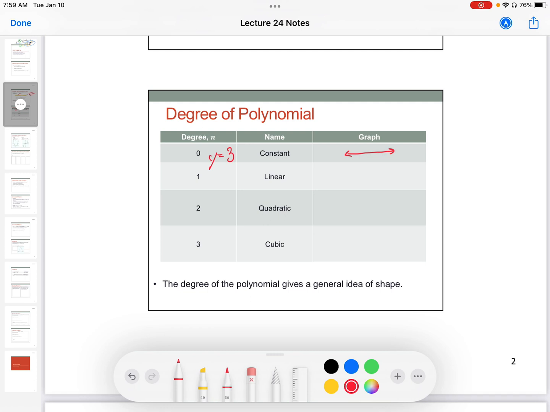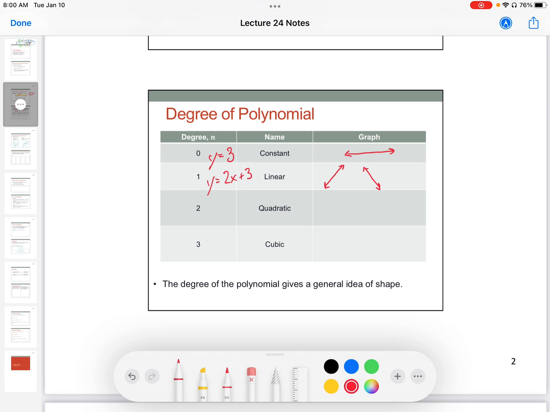So a constant function is just a horizontal line. Something with a degree 1 would be y equals 2x plus 3. So these are linear functions, degree 1. They're going to be lines that look like this. They could be lines that go down like that.